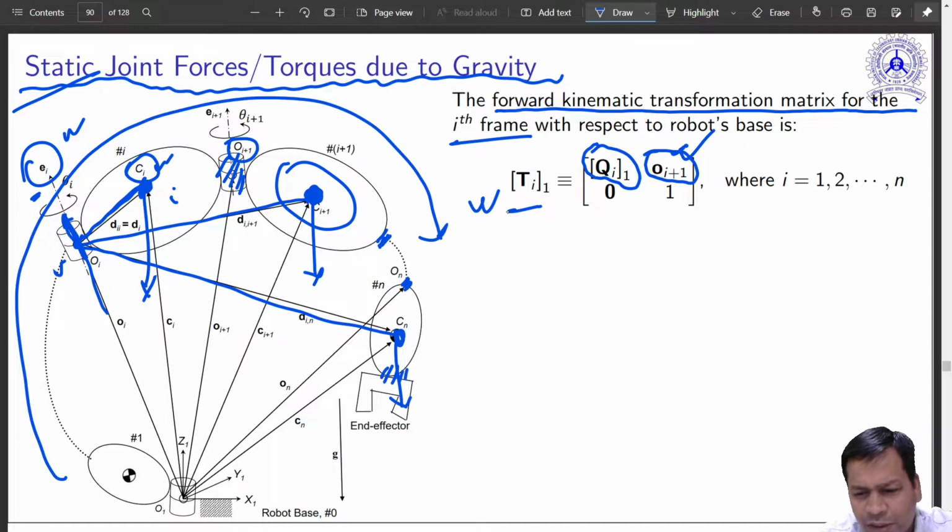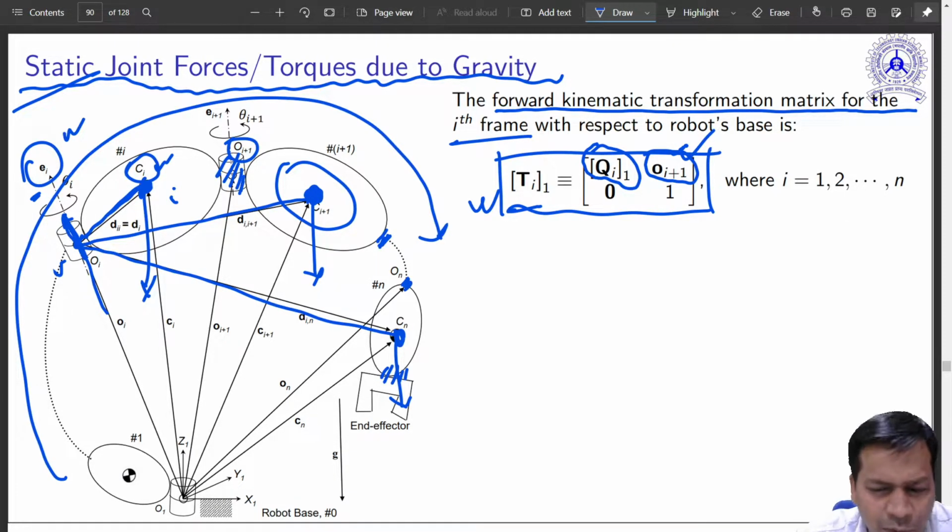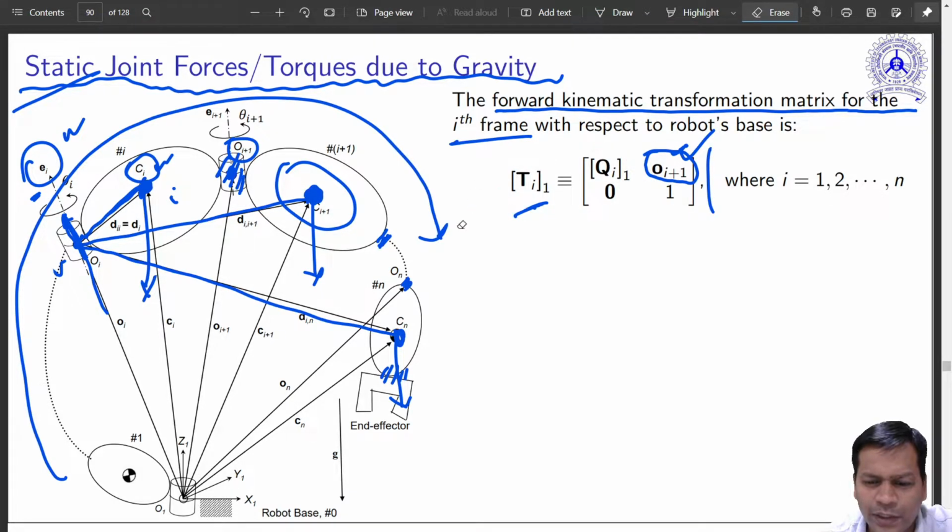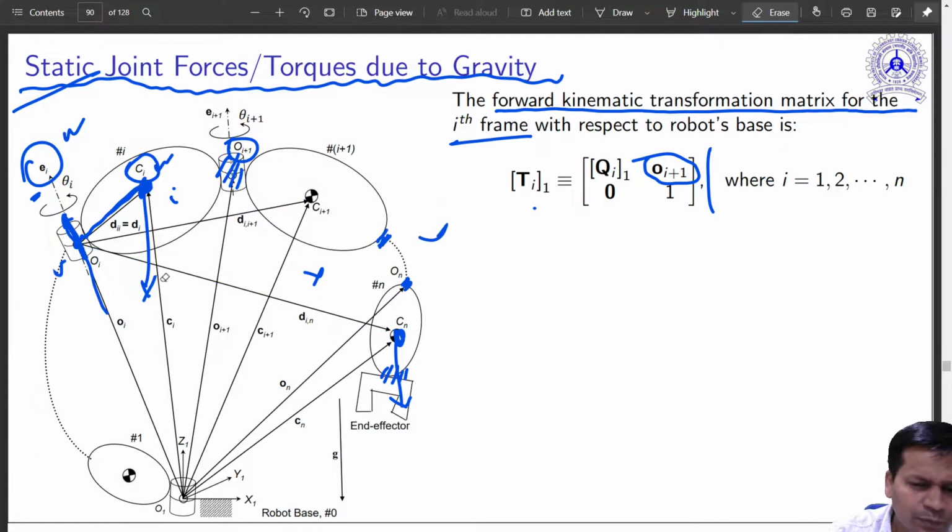This is the general structure of any link transformation matrix. That is the transformation matrix, and it has a lot of information hidden in it. First is the position of this. Just a sec, let me clean it off a bit.